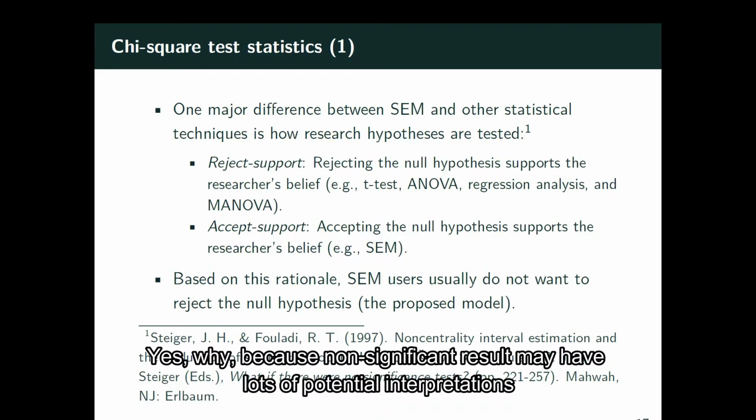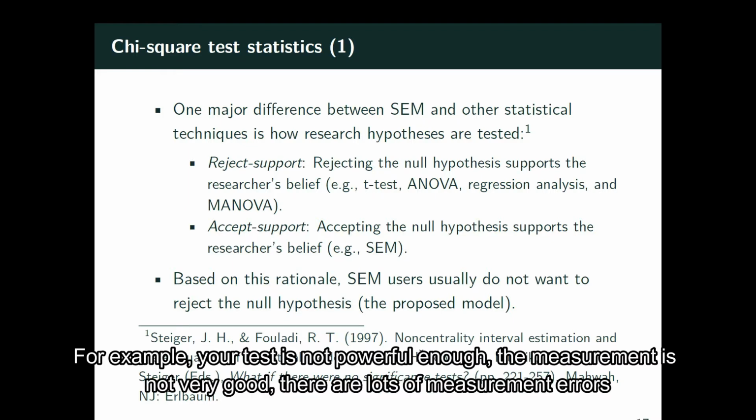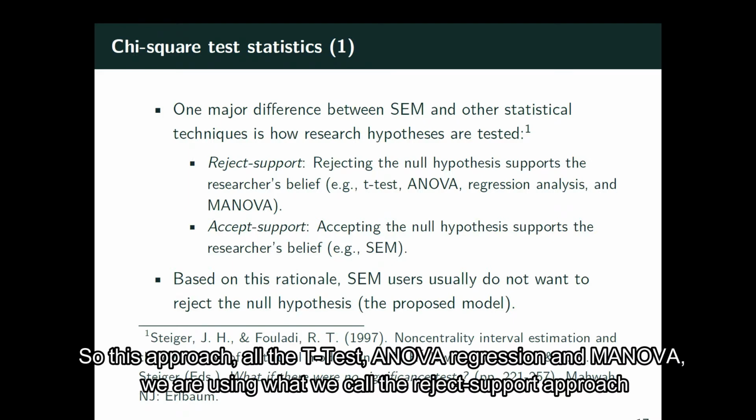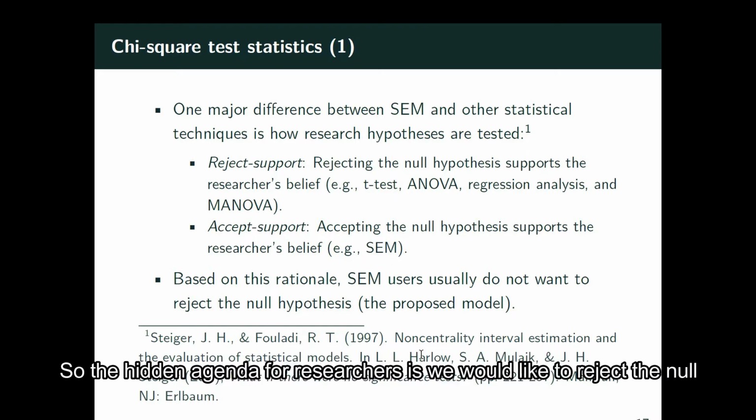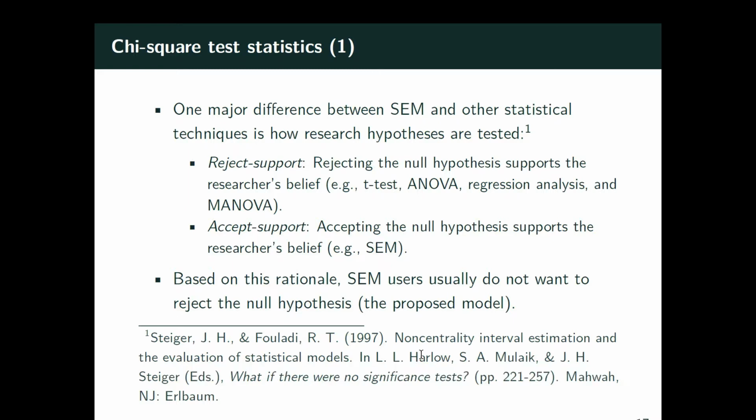Because non-significant results may have lots of potential interpretations. For example, your test is not powerful enough, your measurement is not very good, there are lots of measurement errors. So with all the t-test, ANOVA, regression, and MANOVA, we are using what we call the reject-support approach. It means that by rejecting the null hypothesis, it supports your research hypothesis. So the hidden agenda for researchers is that we would like to reject the null hypothesis.